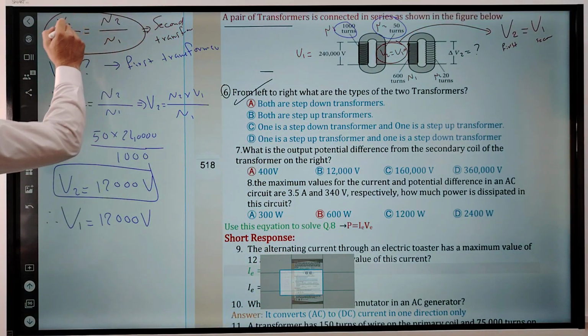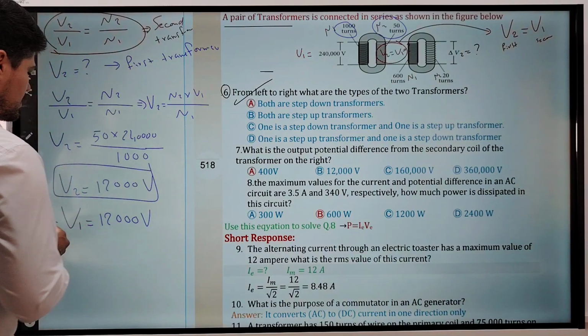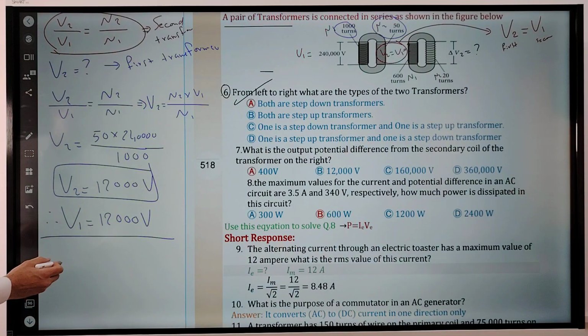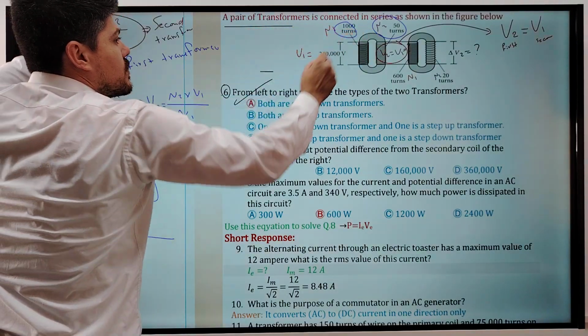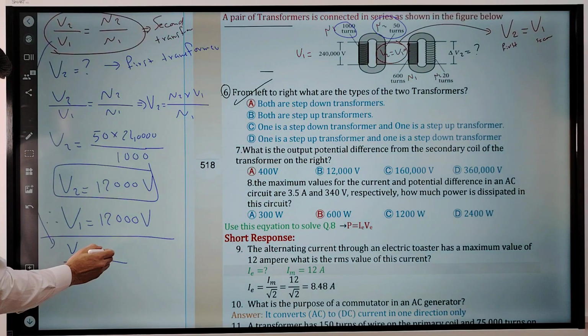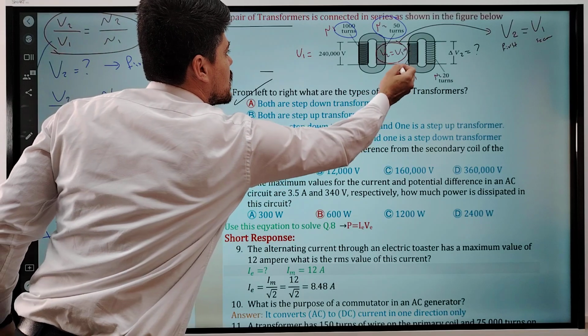Now we can replace into this equation to find V2, which is unknown. V2 is unknown, V1 we didn't have but we found it, and it is equal to N2 in the secondary transformer, 20, divided by N1, 600.